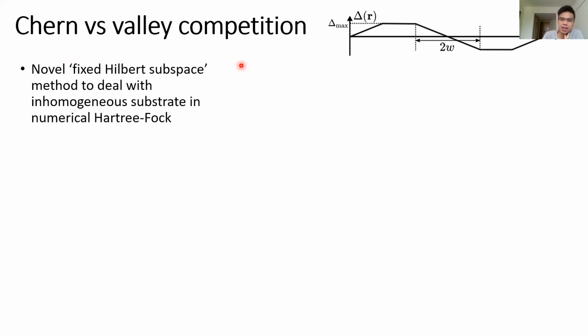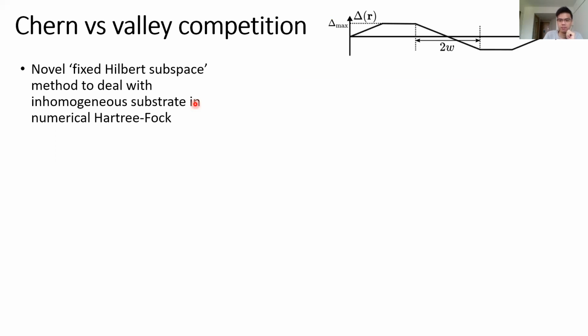The way we did this was that we ran Hartree-Fock simulations in the presence of a spatially varying substrate, as you can see here. This required us to develop a novel technique, which we call the fixed Hilbert subspace. Basically, this is a technique that allows us to deal with any sort of inhomogeneous perturbation in Hartree-Fock.